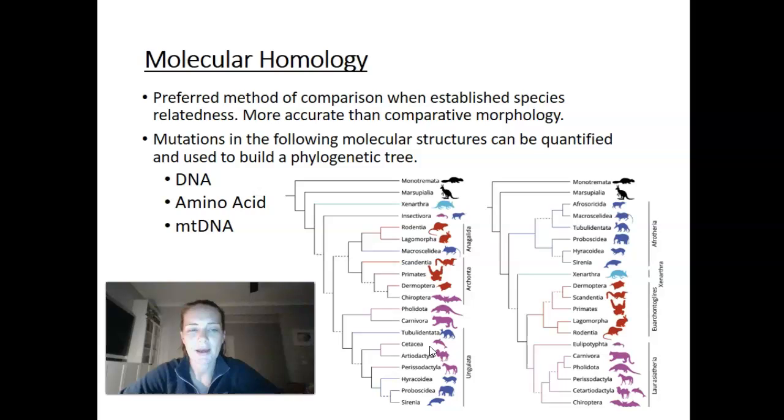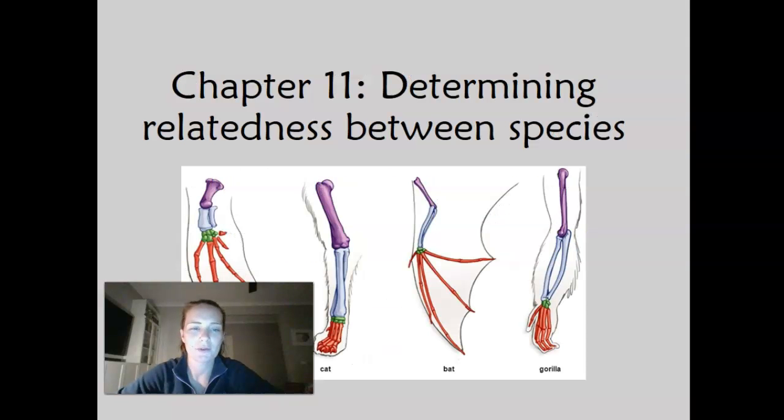However, when we look at their molecular structures, so their DNA, and compare how alike they are genetically, we get a little bit of a different picture painted. So structures can appear similar on the outside, but then when you look beneath the surface, they aren't. They are a little dissimilar. So kind of like when we looked at the comparison between what the limb structure looks like on the outside compared to what the bone structure looks like underneath.